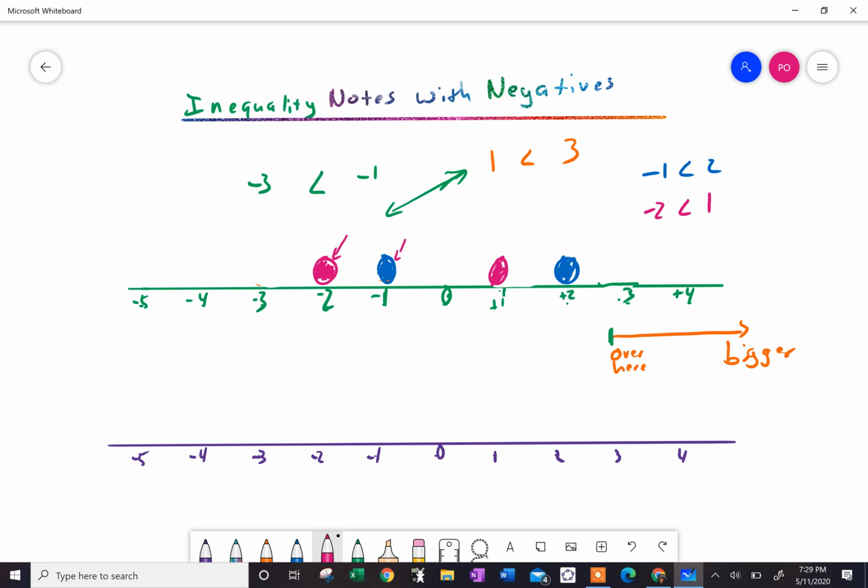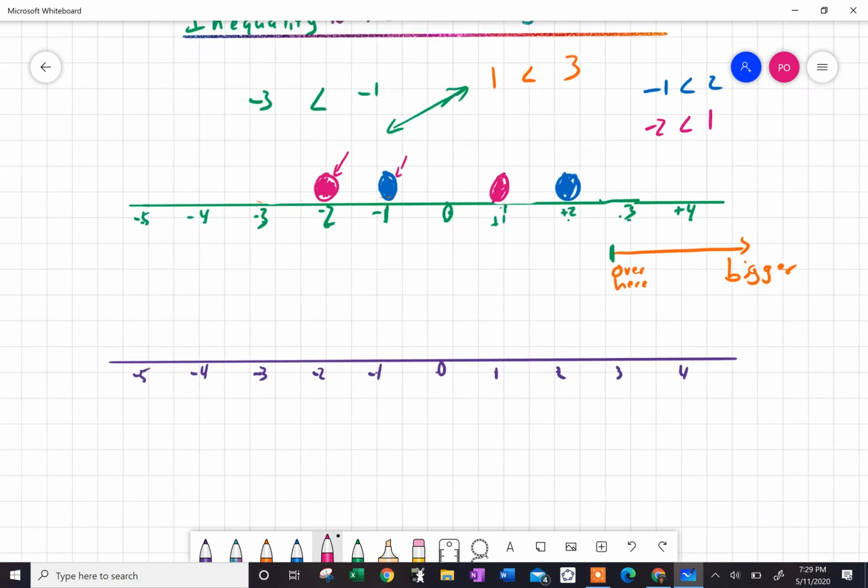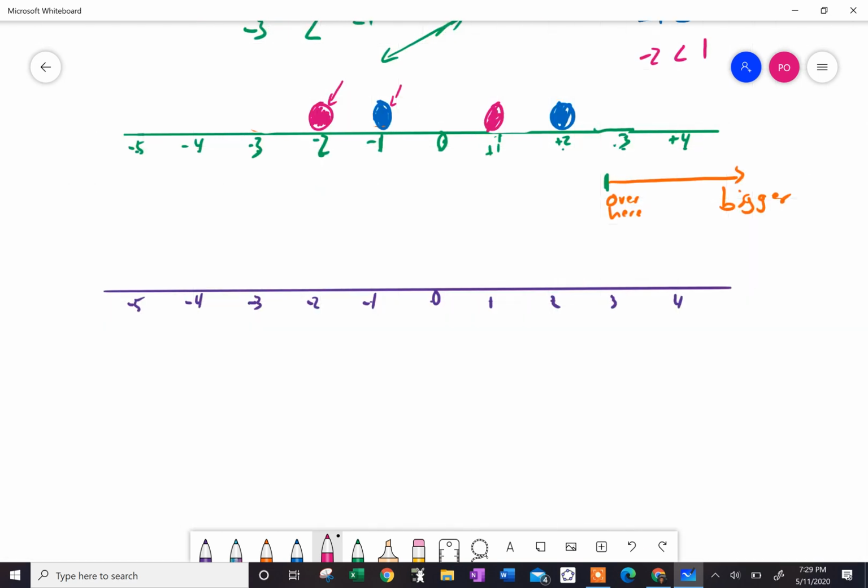All right. What if I had something like x is less than 2? Put a circle there, and I'd put all of my values to the left.